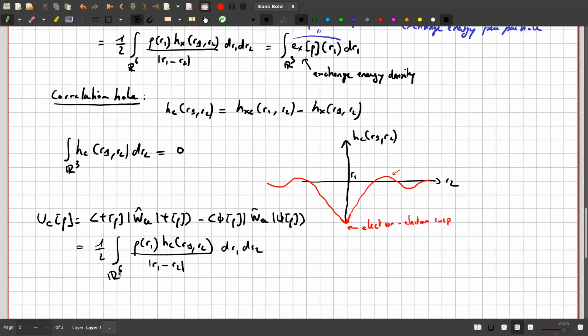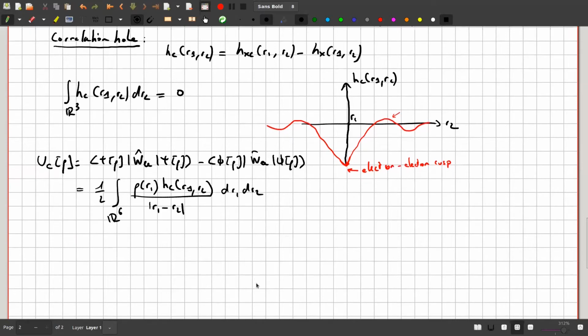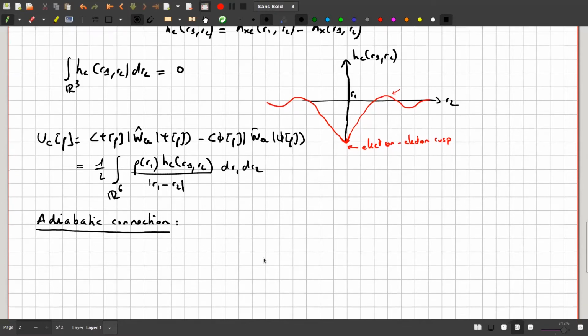And this is what we are going to see now. Okay, which is quite a useful concept in DFT to obtain an expression for the correlation functional.